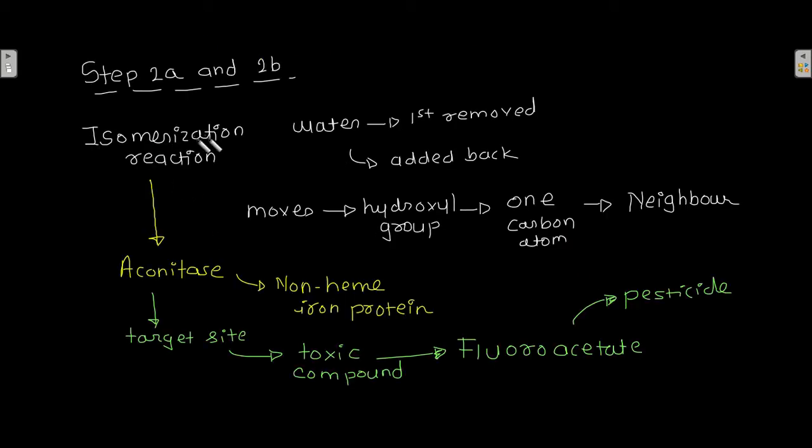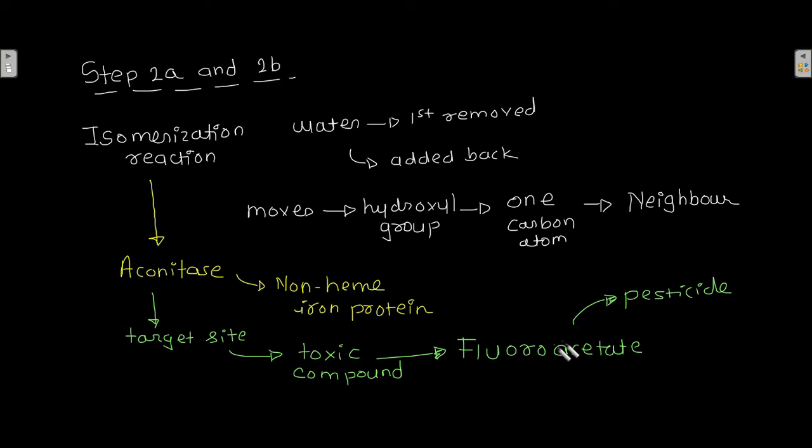Now this isomerization reaction is catalyzed by the enzyme known as aconitase. Aconitase is a non-heme iron protein, and it is the target site for the toxic compound known as fluoroacetate, which is a pesticide.